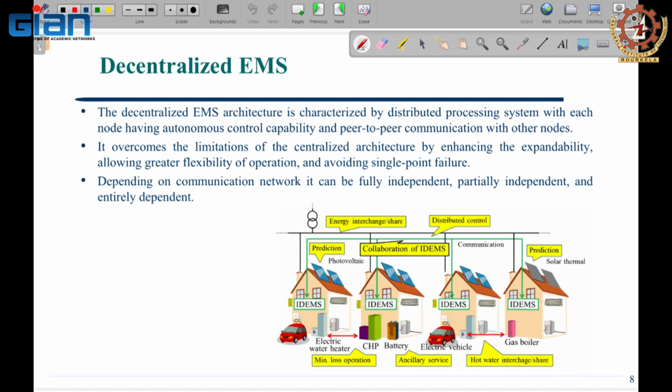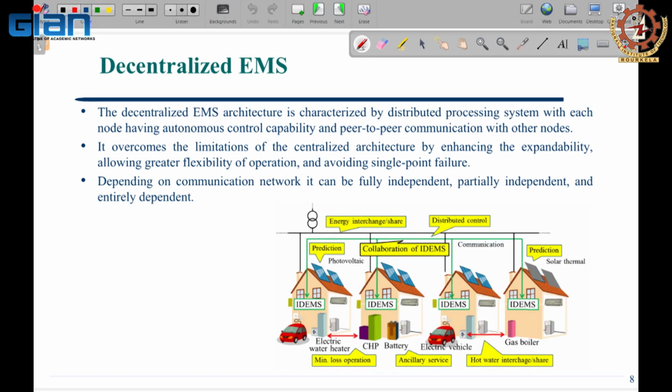So then we see, particularly in respect of the microgrid, we talk about the decentralized approach. This architecture is characterized by a distributed processing system, with each node having autonomous control capability and peer-to-peer communication with the other nodes.